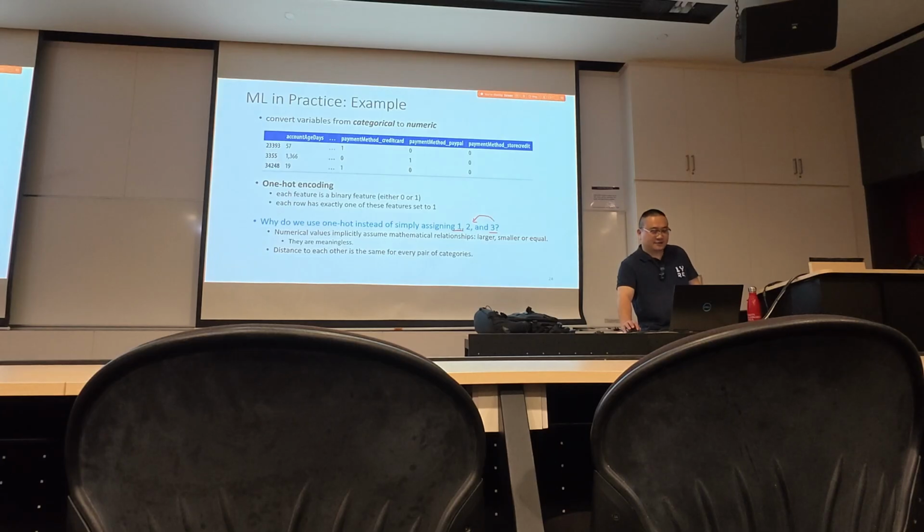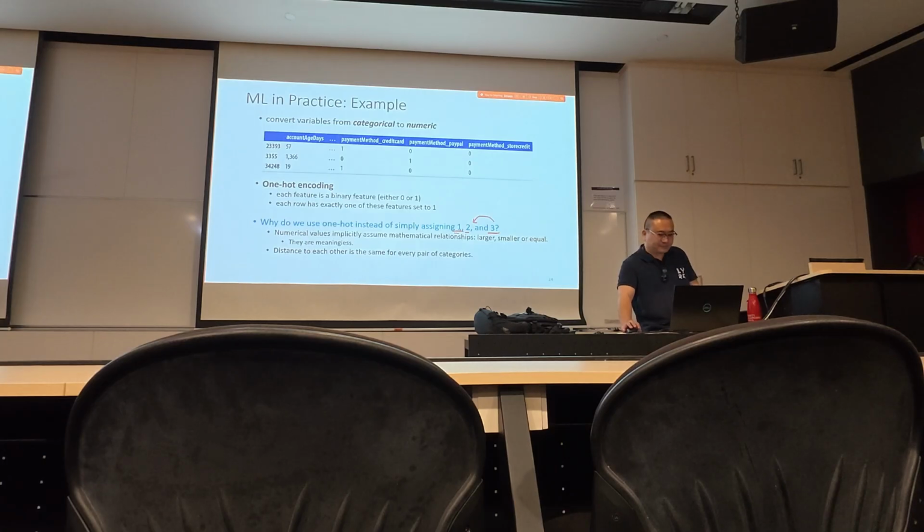But actually, such a relationship does not exist in the original text features. So therefore, we do not use 1, 2, 3 to replace the original ones. And besides, if you are using 1, 2, 3, you also assume that 3 is larger than 2 is larger than 1. It doesn't make sense in the original text features.